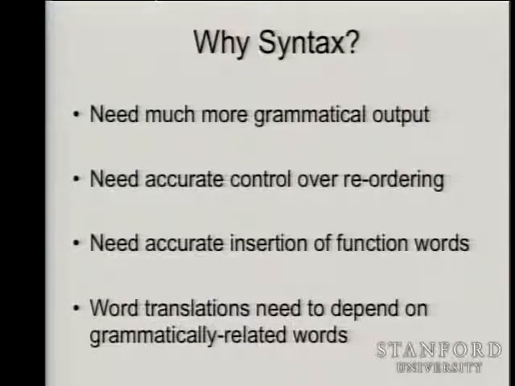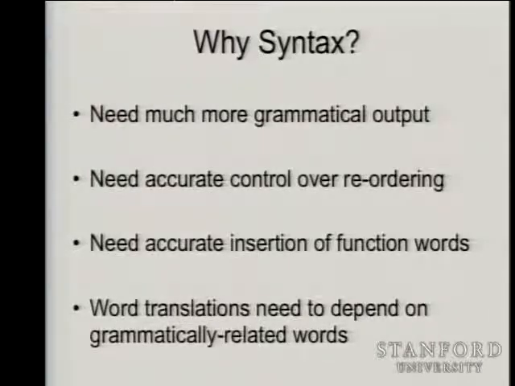Another place where statistical phrase-based systems still badly fall down is reordering and word order between languages. Arabic commonly has verb-initial sentences, German commonly has verb-final sentences, all of these different word order possibilities.